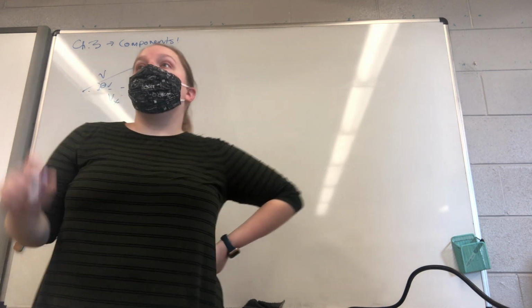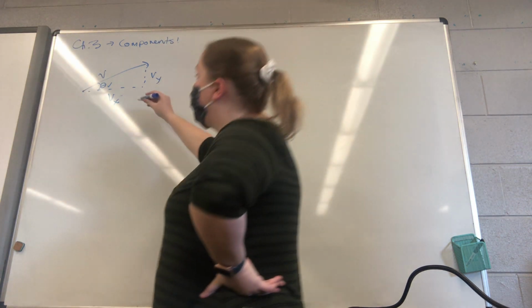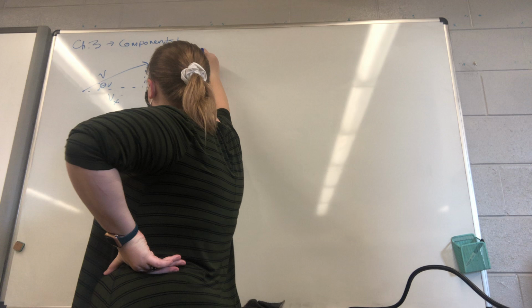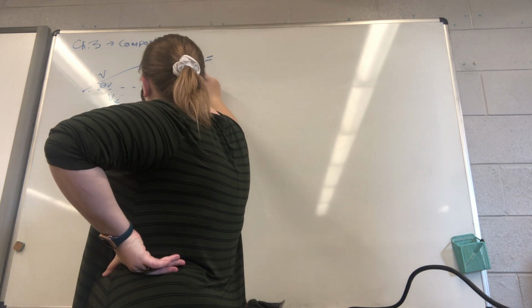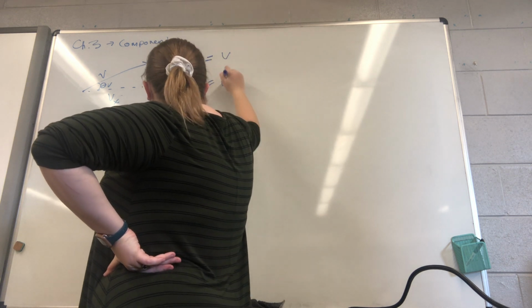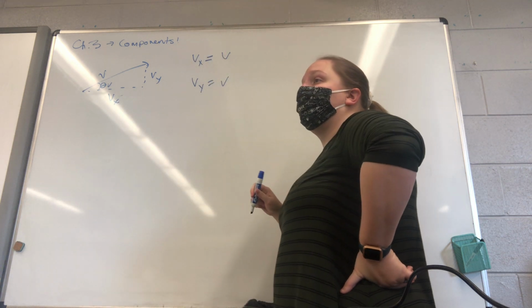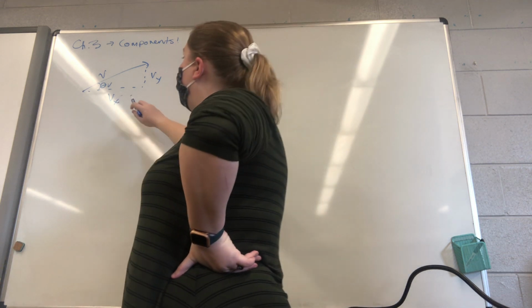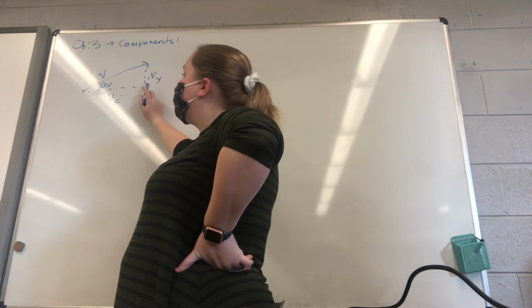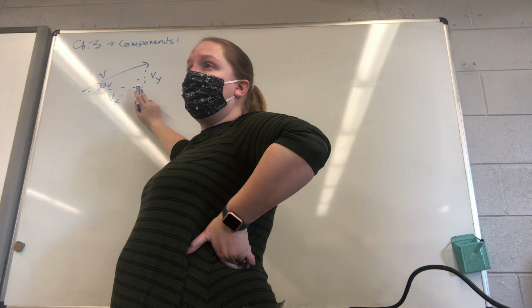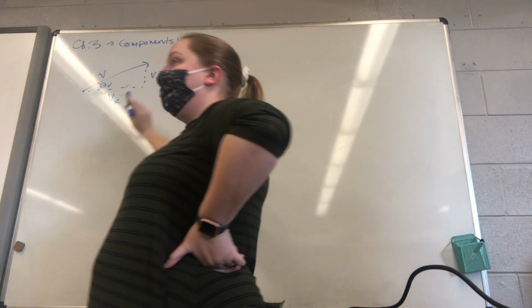If you are given a vector at an angle, we can break it down into components by taking the vector itself and multiplying by the sine or the cosine of whatever angle it is located relative to. Since y is opposite, which one should that be? Sine or cosine? Sine.